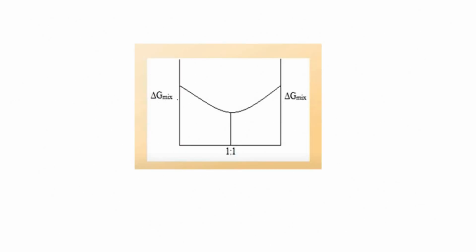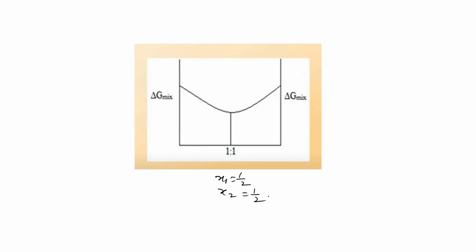If we plot delta G mixing versus x1, then you will get the minimum at x1 equal to half. x1 equal to half means x2 also is equal to half. So this is the graph.